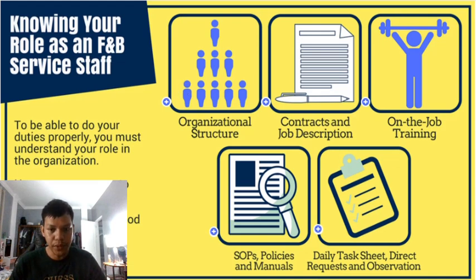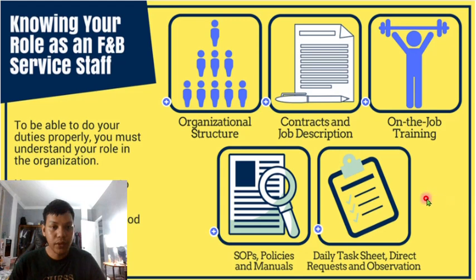It is very important. Next is contracts and job description. A contract is a written document that states the description of your job, the scope of your responsibilities and the terms of your employment. This is usually provided by your employer before you start working.